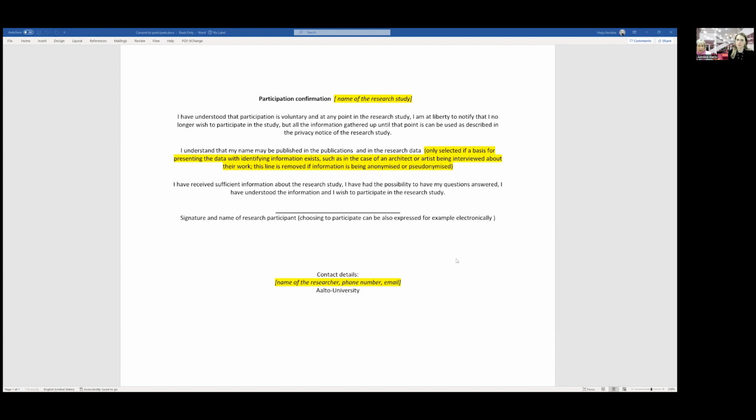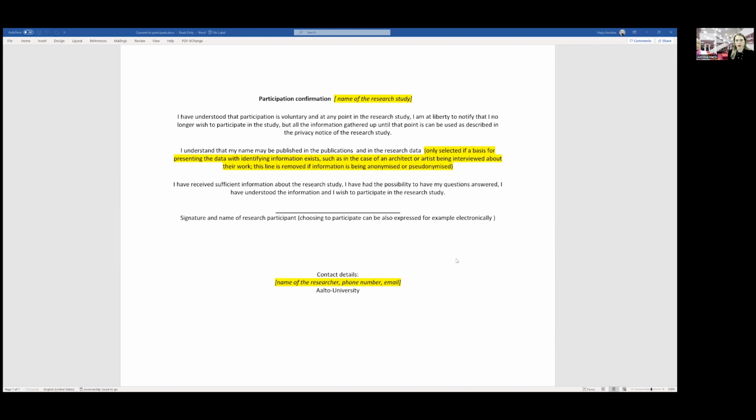So again, remove that if you don't have this special case, and then you would only have these two sentences: that you understand that participation is voluntary, and you can notify that you no longer wish to participate, but the information gathered up to that point is used as described in the privacy notice of the research study.